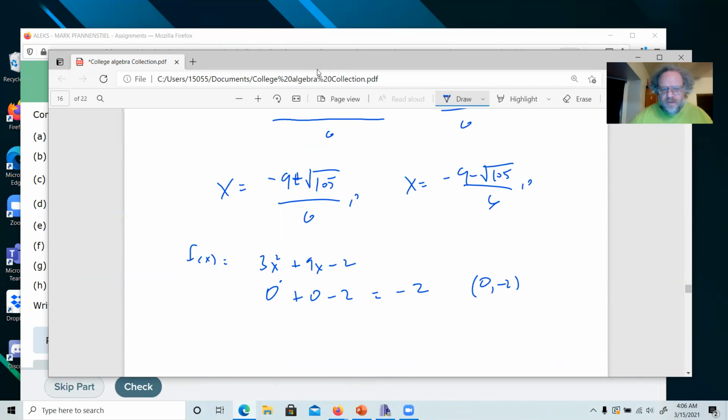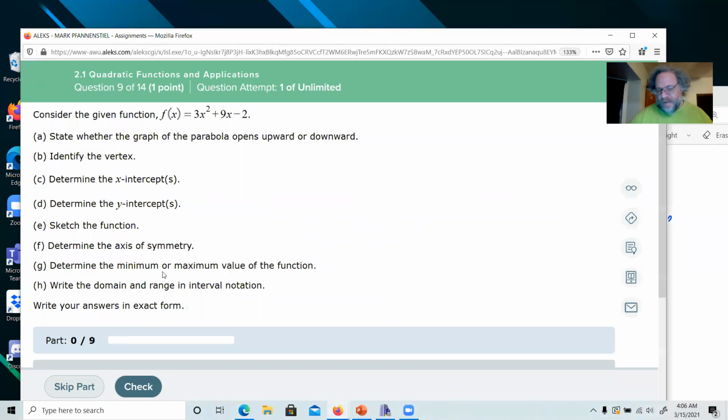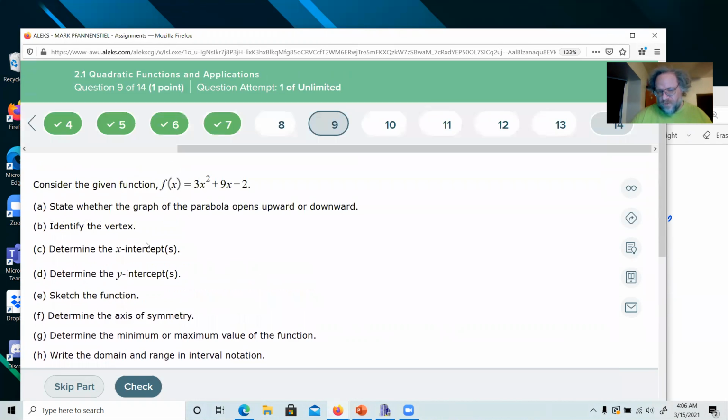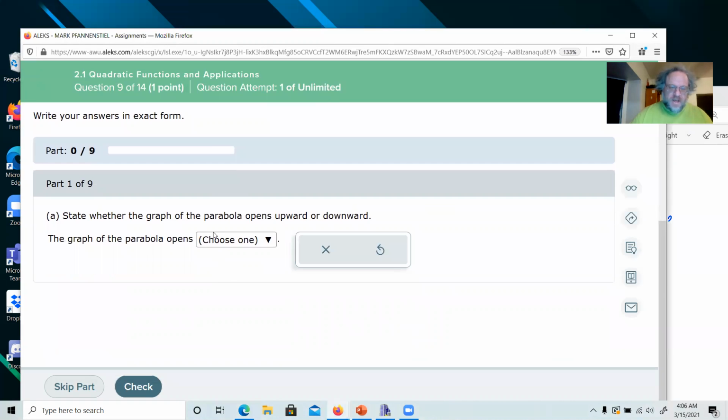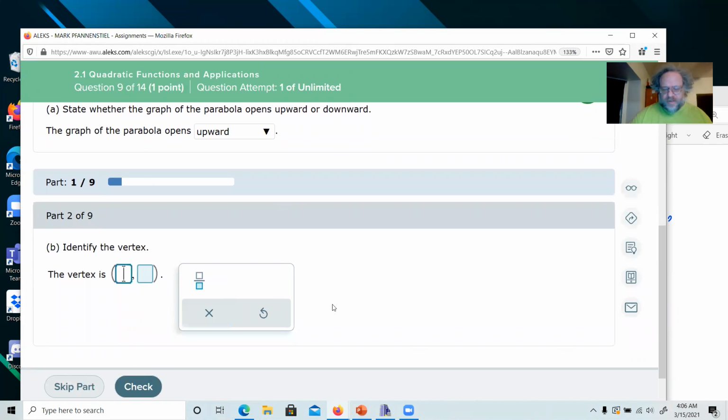Okay. Sketch the function. We're going to do that in a minute. And then it asks us the same extra questions that we already know the answers to because we know where the vertex is. Okay, this graph opens upwards. All right, fantastic. Identify the vertex.